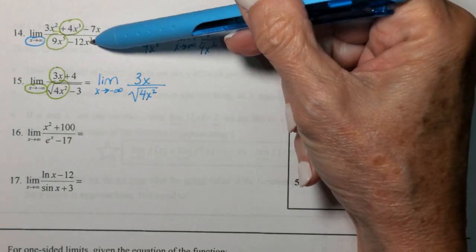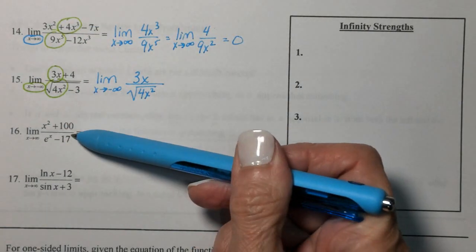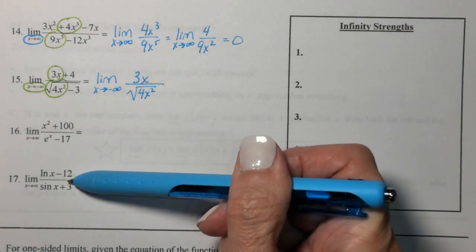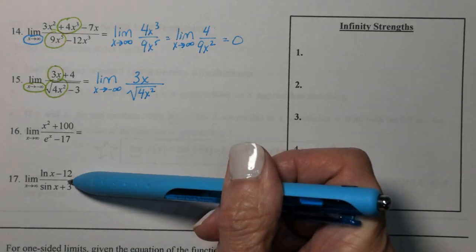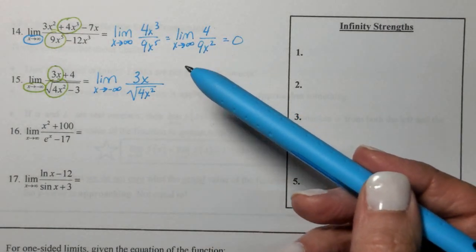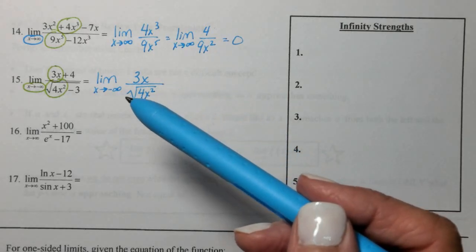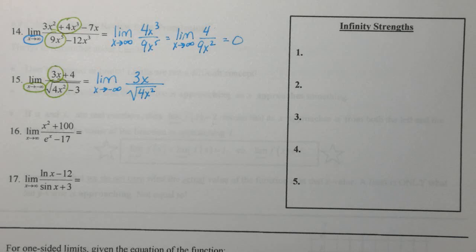So it would have worked here, but it will not work here. Okay? So I don't want you to learn a rhyme only good for one type of function. I want you to know the process. If you learn the process, you can do it for everything.